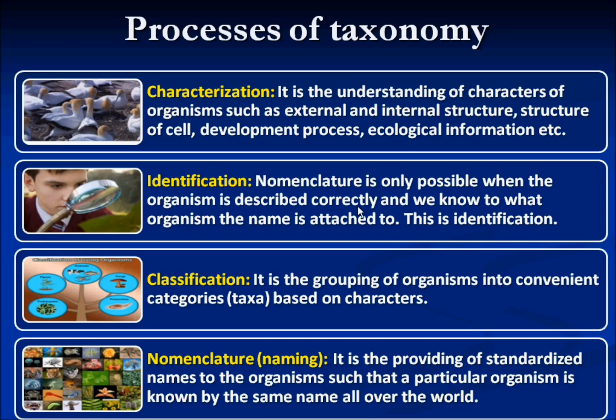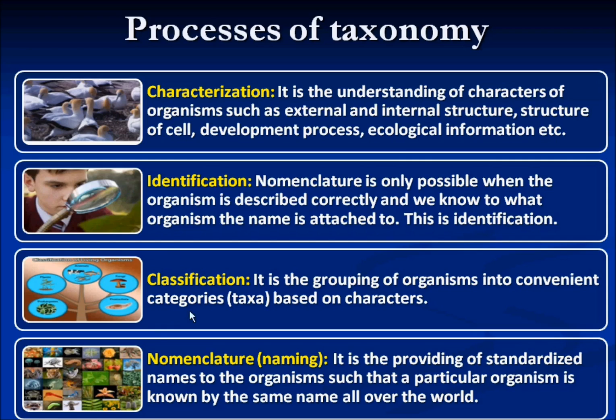It means whenever any organism is discovered, we first take into account its external and internal features, and then on the basis of that, that organism is put in a particular group, whether it is a plant or an animal or a fungus or a bacteria or a virus. So then we know what an organism is attached to. So this is the identification step. It means we identify the organism on the basis of its features.